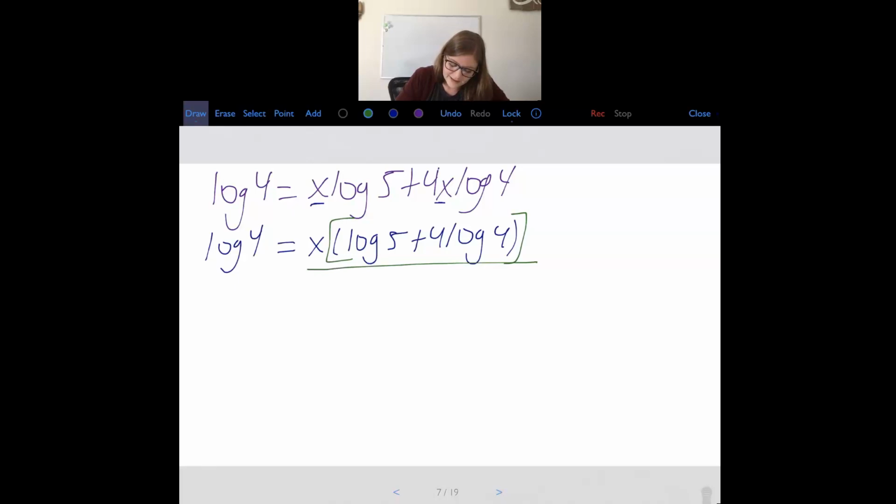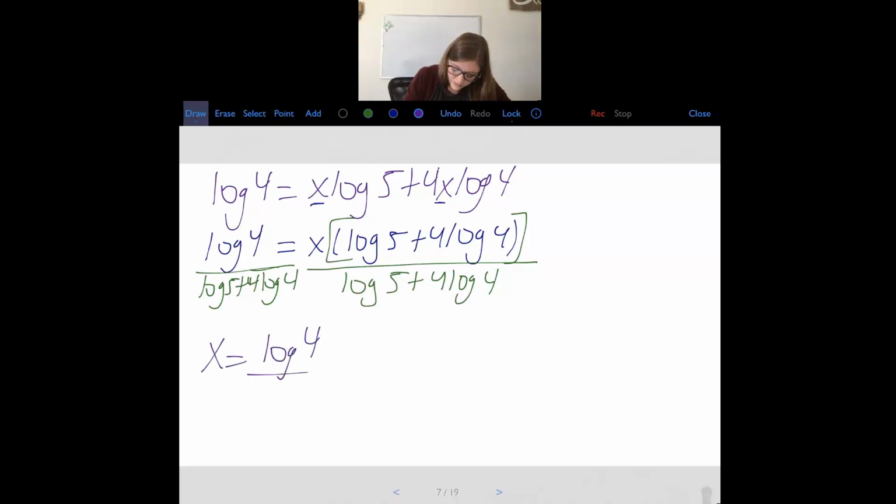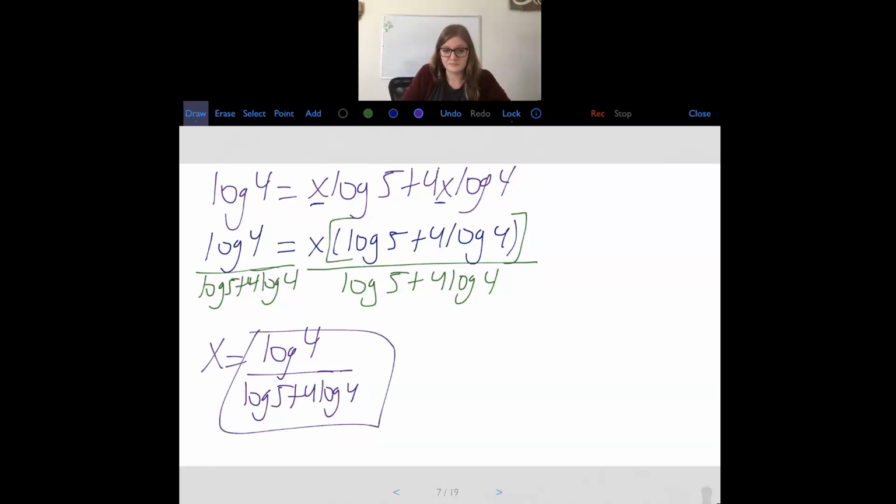So we're going to divide each side by log 5 plus 4 log 4, that's 4 log 4, not 4x. Okay. So now what we have is x is equal to log 4 over log 5 plus 4 log 4. We can continue to use properties of logs to get the denominator at least down to 1 logarithm. Okay, but this is our solution in exact form.